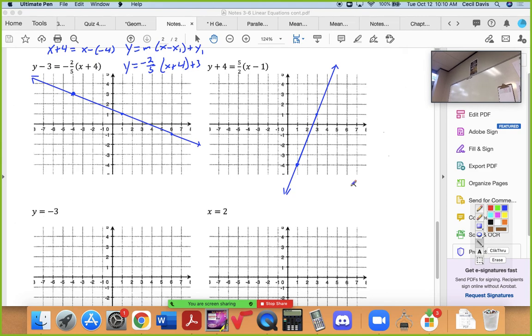All right, here's what it should look like. We're going through the point. If we rearrange this, y is equal to 5/2 times (x minus 1) minus 4. So the point that it goes through has coordinates (1, -4), because the equation is y is equal to m times (x minus x1) plus y1.